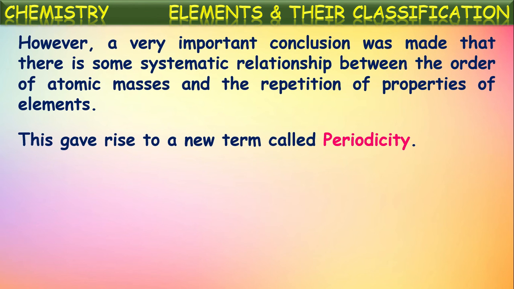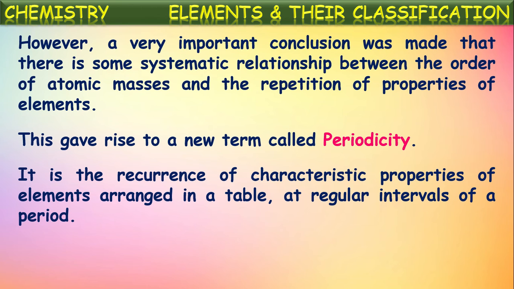This gave rise to a new term called periodicity. Periodicity in the sense repetition. Here, it is found the repetition of properties of one element with another element. That is called periodicity. It was found for the first time in the Newland's octaves. So periodicity is the reoccurrence of characteristic properties of elements when arranged in the table at regular intervals of a period.